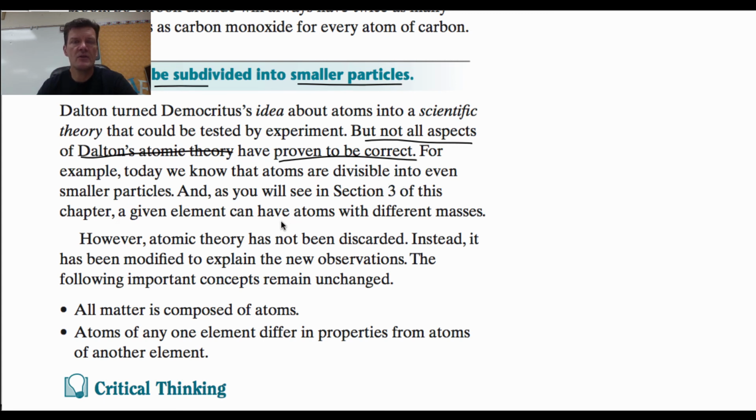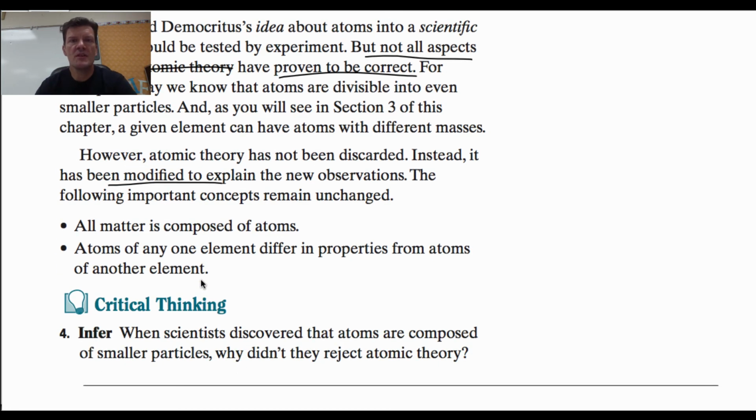Okay? So we now know that inside the atom we have other particles. We have just modified Dalton's theory just a little bit. So as I mentioned before, the important things about Dalton's theory are still correct. All matter is composed of atoms, and atoms of any one element differ in properties from atoms of other elements. Atoms are unique to that particular element.